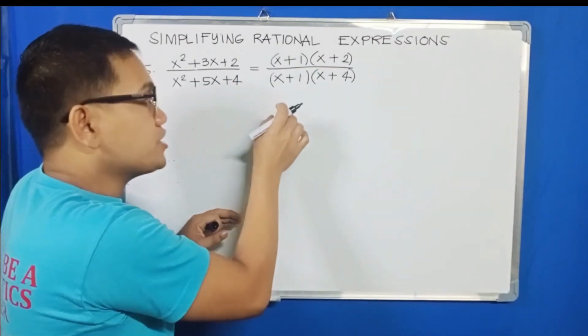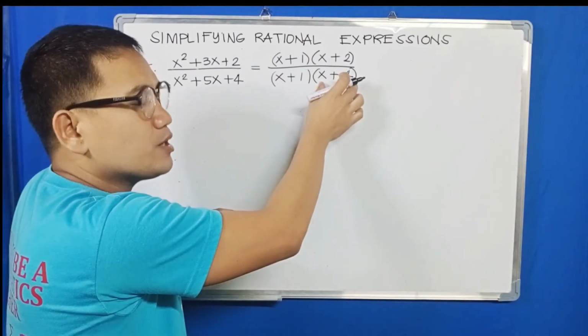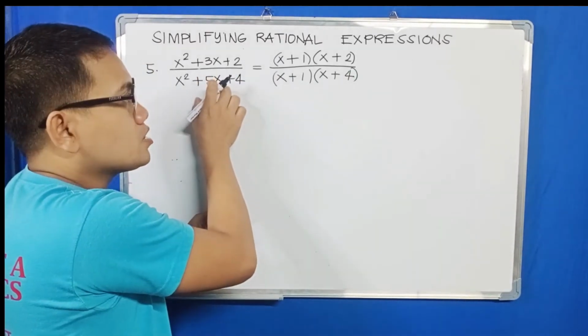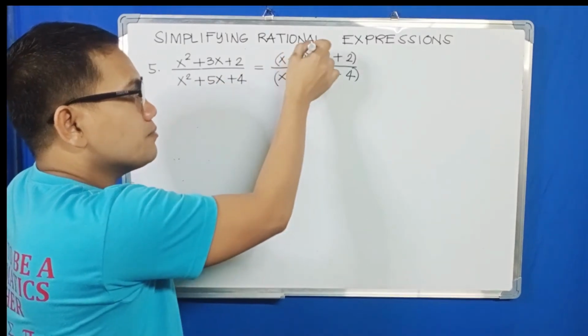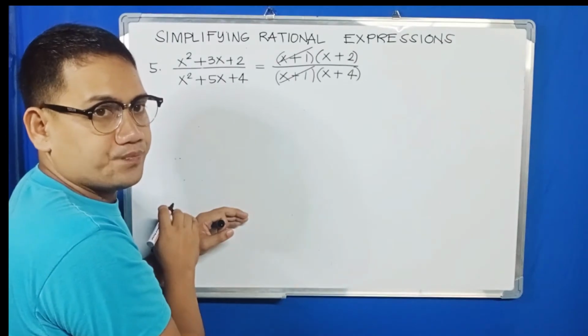We can write x plus 4 and x plus 1 interchangeably in these factored terms because still it will lead us to this trinomial. So we can automatically cancel out x plus 1 because they are both present in the numerator and in the denominator.